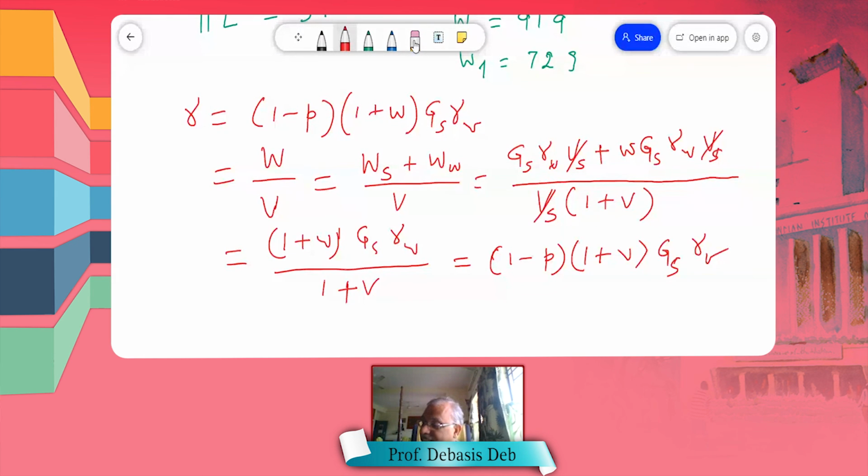This didn't come out properly, but this is a very fundamental relationship. Based on this relationship, we can solve many problems. So I will stop right here.